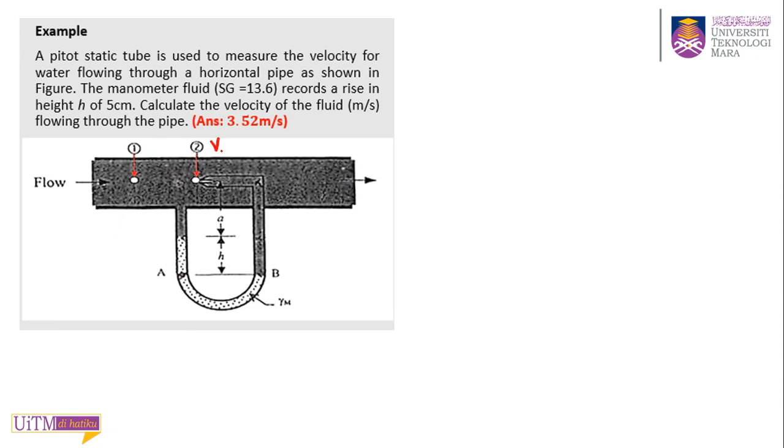Yes, Z is 0. Remember the stagnation point. This is a static tube. At point 2, what we call the stagnation point, the velocity is 0. Okay, so you need to know this. Otherwise you will have trouble solving this question.